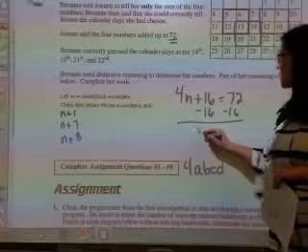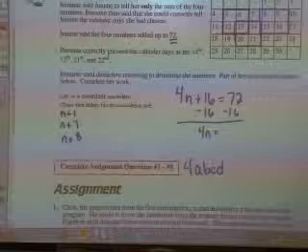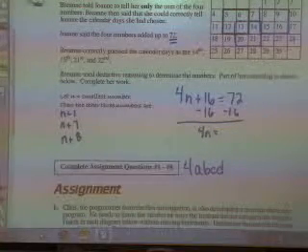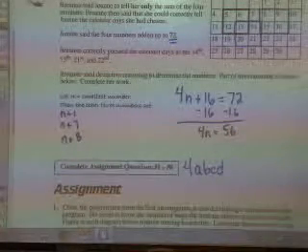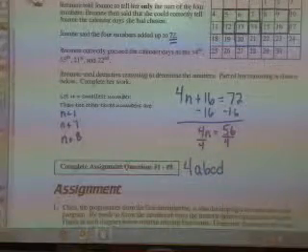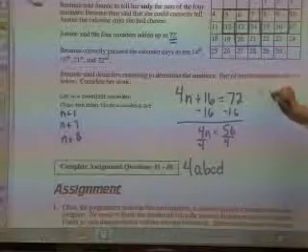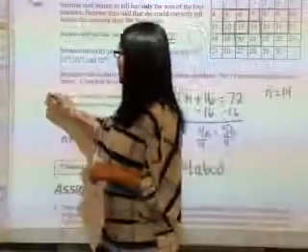And what is 72 minus 16? 56. And how do I get rid of the 4? Divide by 4. What is 56 divided by 4? 14. So the smallest number is 14.